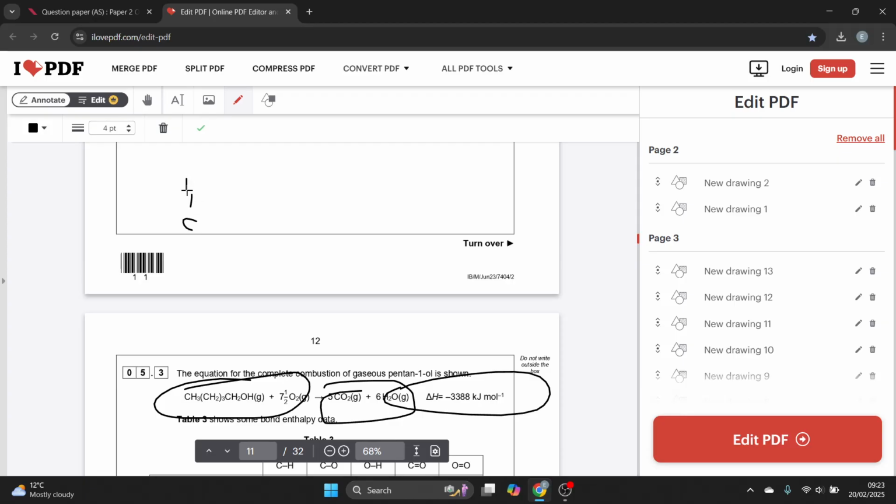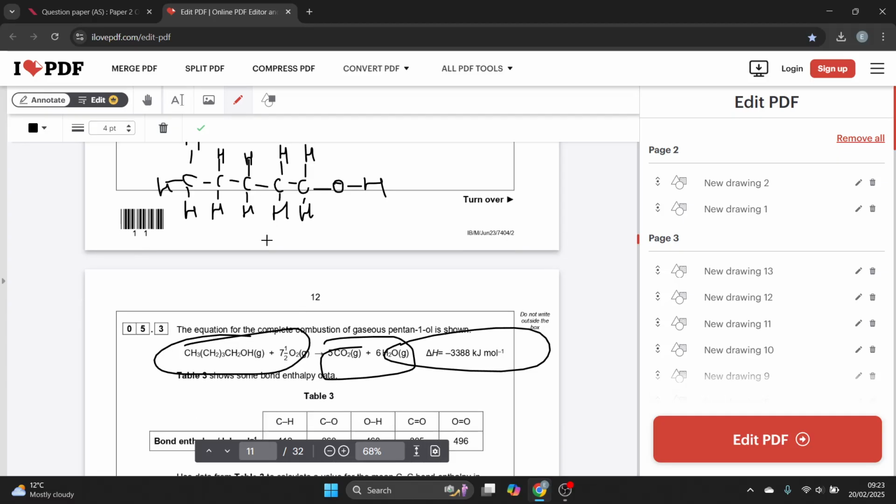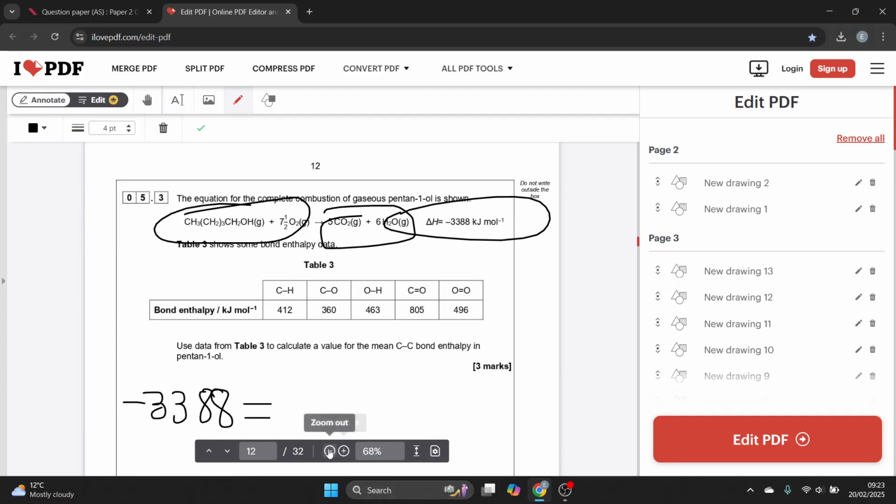So CH3, CH2 times by 3, CH2OH. So energy required to break bonds.